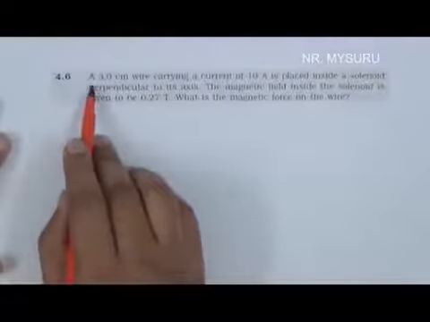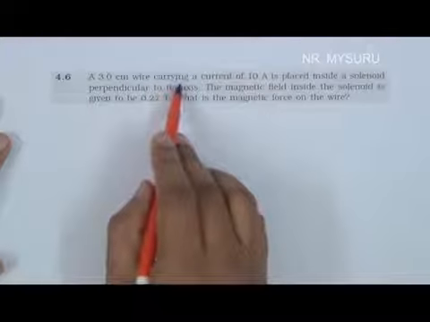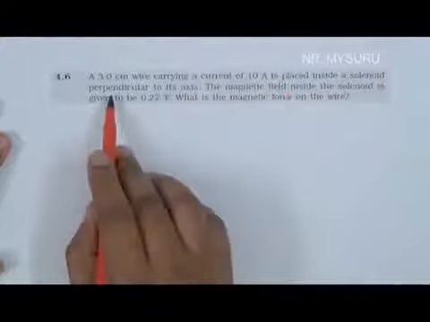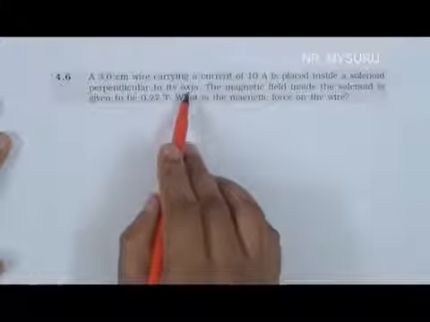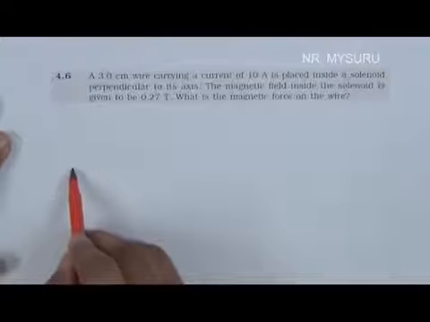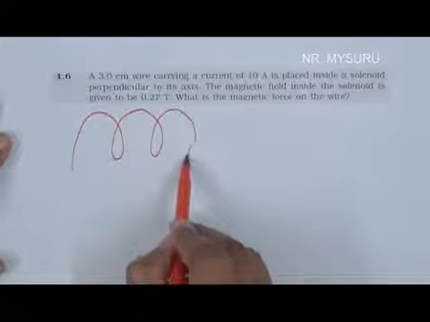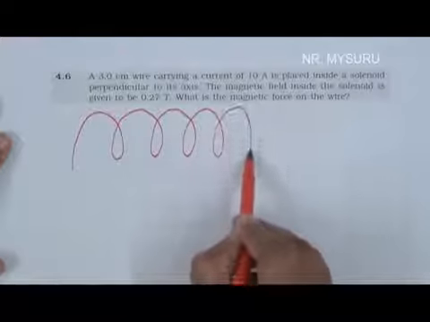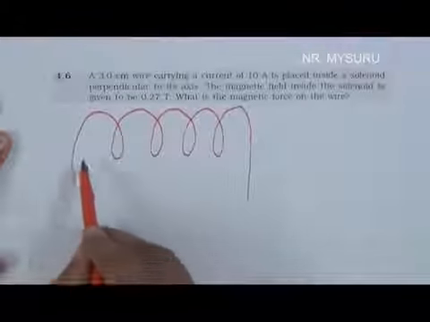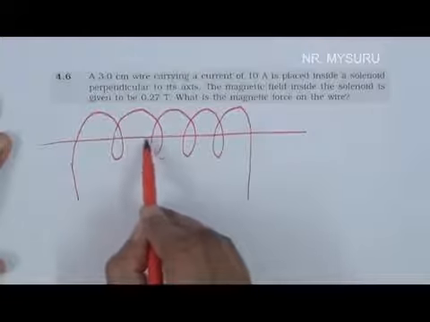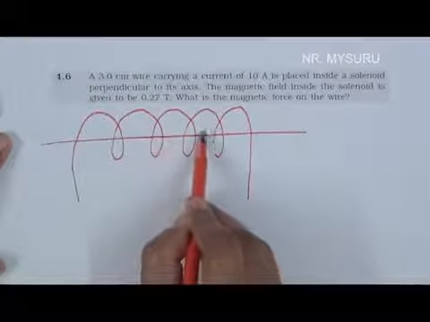4.6. A 3 centimeter wire carrying a current of 10 ampere is placed inside a solenoid perpendicular to its axis. So here is a solenoid. Solenoid is coil of a conductor. This is axis of the solenoid, and inside the solenoid magnetic field is always along the axis.